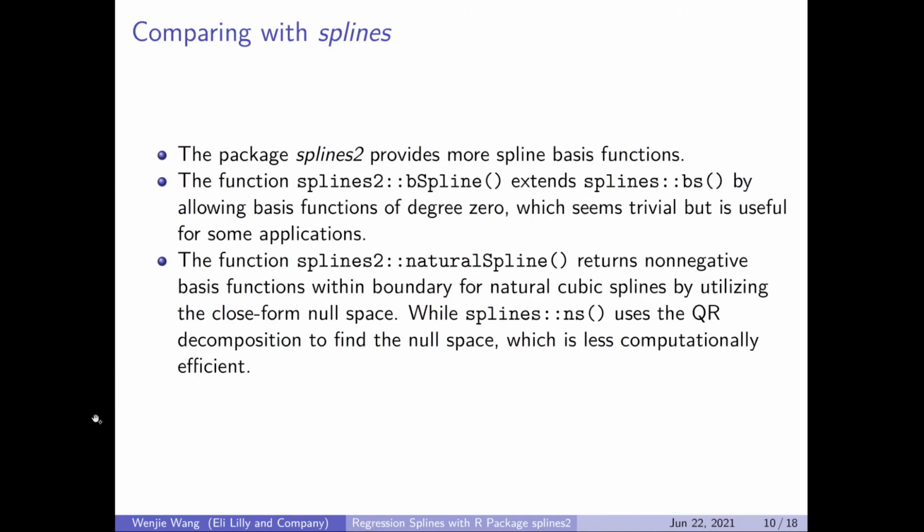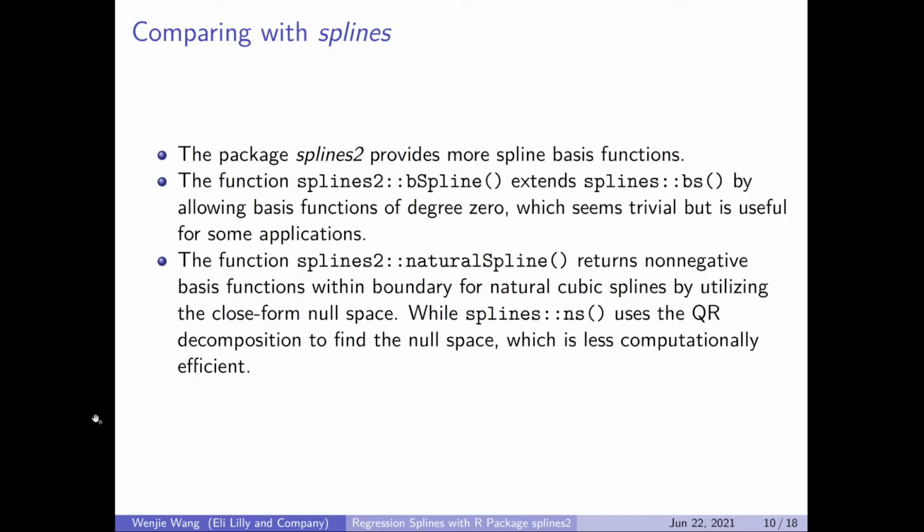Compared to the splines package, the package splines2 provides more spline basis functions, as we have seen. What's more, the function bSpline in the splines2 package extends the bs function in the splines package by allowing basis functions of degree 0, or piecewise constant basis, which seems to be trivial.